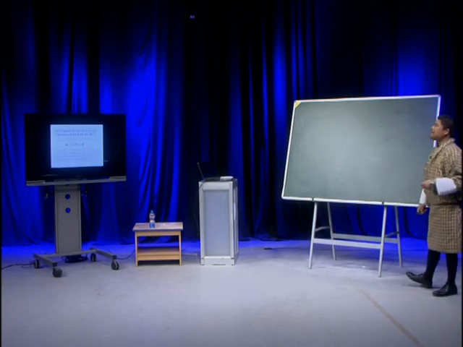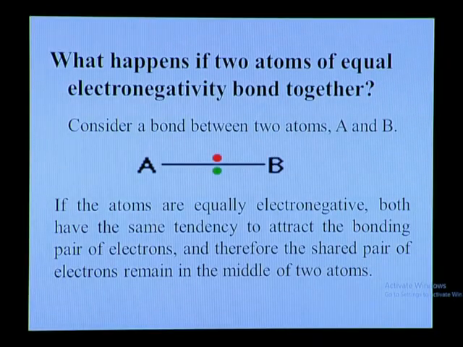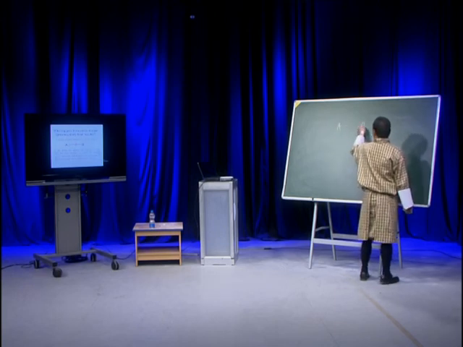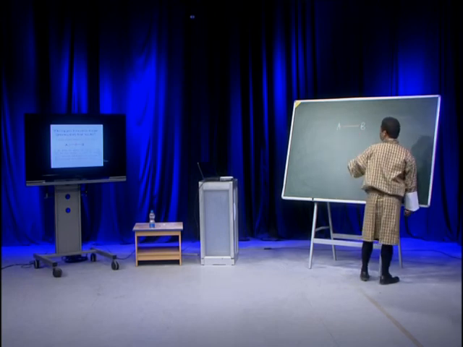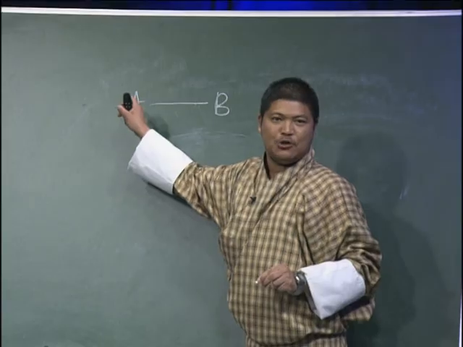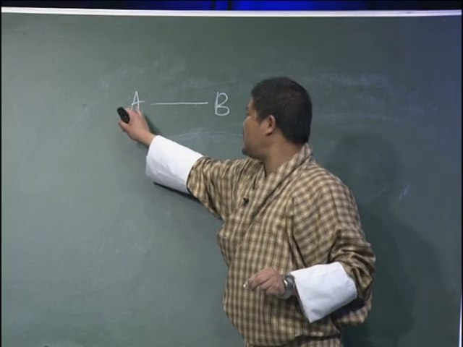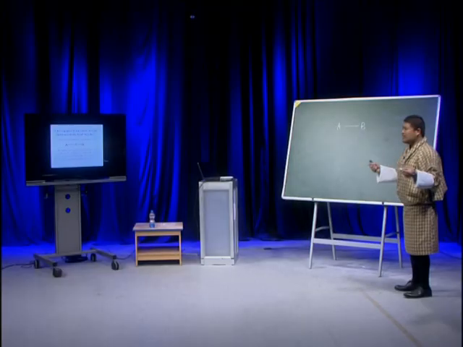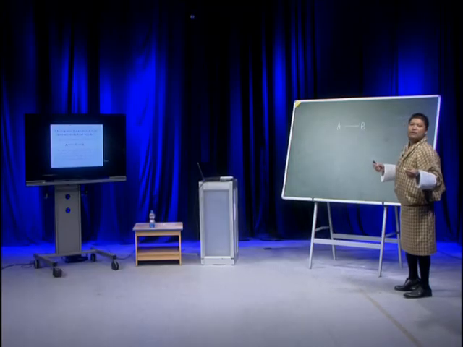Now, what happens if two atoms of equal electronegativity bond together? If both of the atoms, let us say here atom A and atom B, form a bond and we assume that both A and B are of equal electronegativity, where will the shared pair of electron be located?